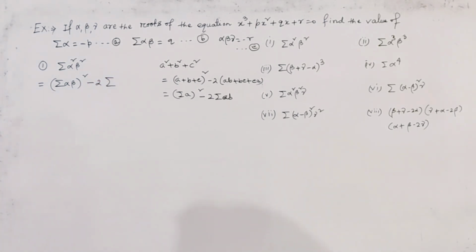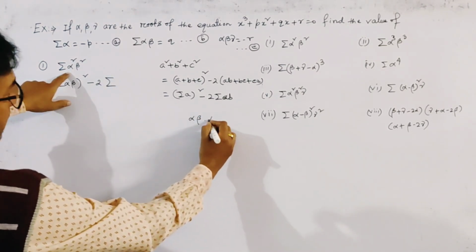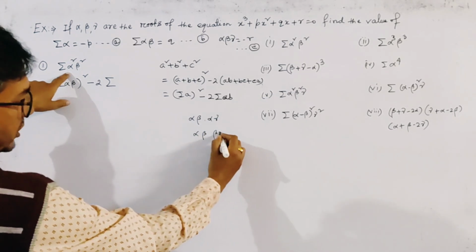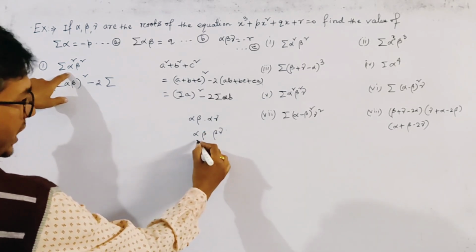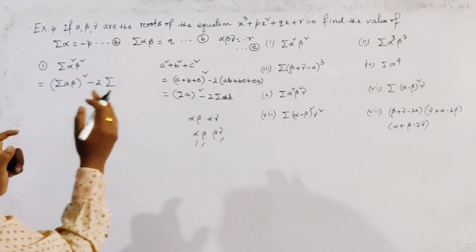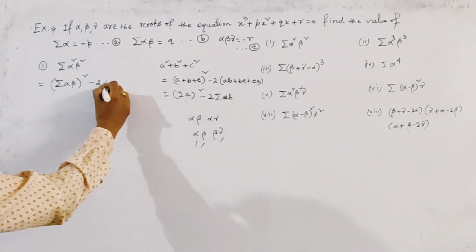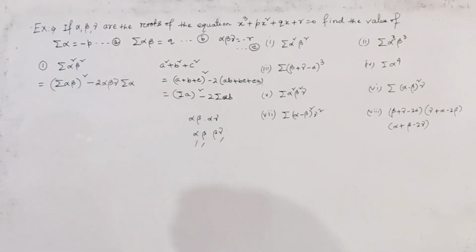What is summation ab? Summation ab means alpha beta into alpha gamma, or alpha beta into beta gamma, and it is clear that alpha beta gamma may be taken common. So we write this term as alpha beta gamma into summation alpha.